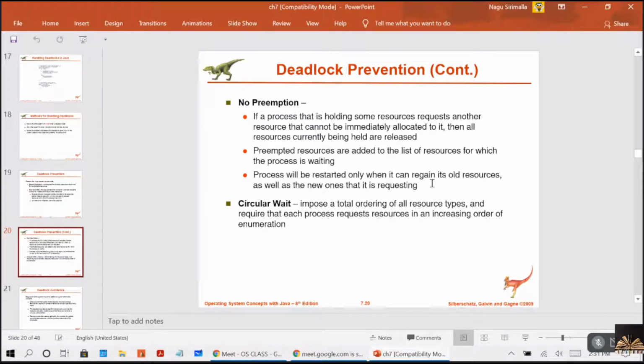R1 has 2 instances, R2 has 4 instances. Then only P1 is allowed to request the resource type Rj, R2 here. If R2 has only one instance, P1 will not be allowed to request it. You are getting my point?